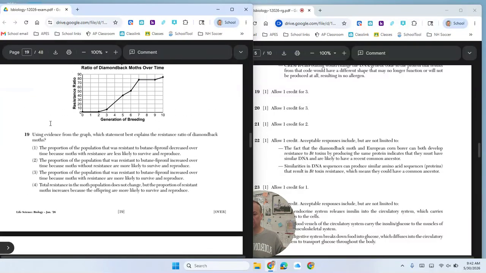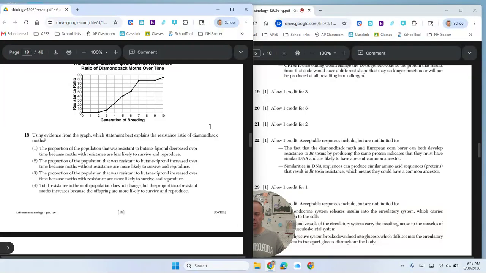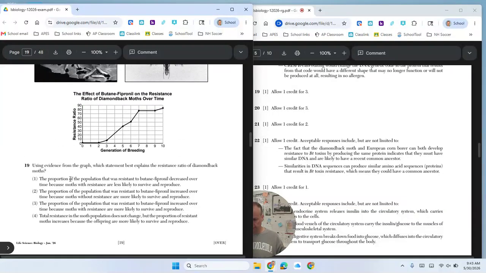We get to the questions. Using evidence from the graph, which statement explains the resistance ratio? We just talked about that. If you look at the choices, again, you want to use process of elimination. These all start with the same basic phrase: the proportion of the population that was resistant to butane fipronil. Now we have decreased, increased, did not change.